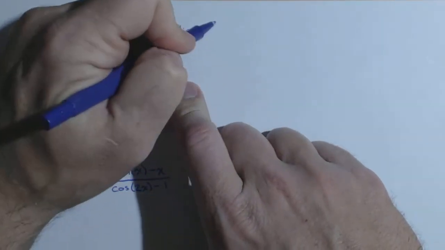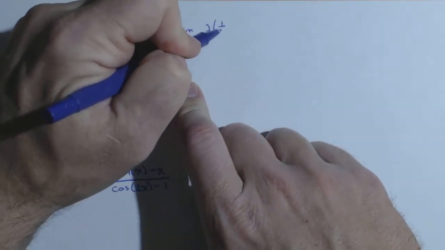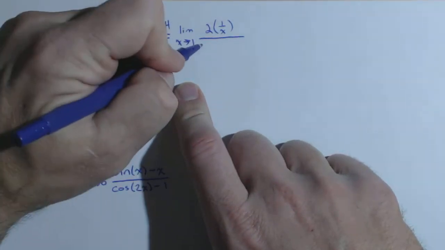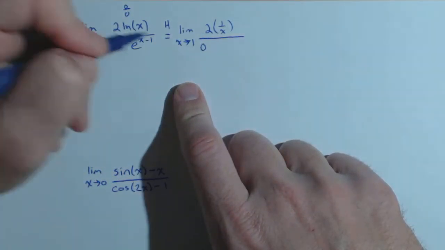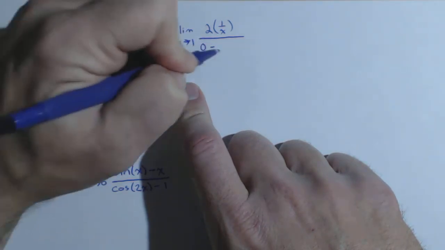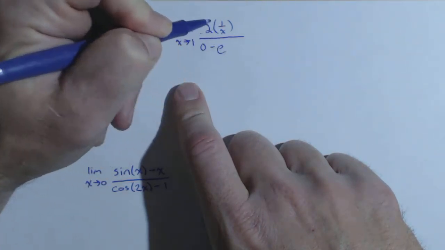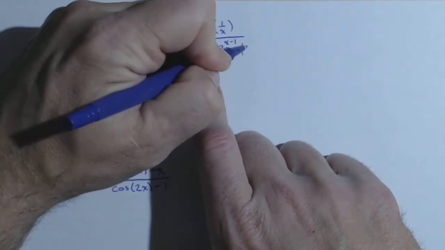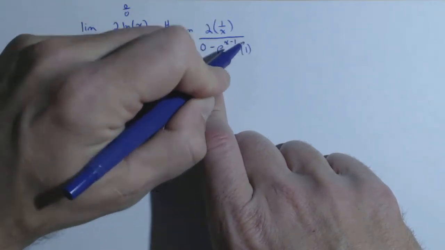On top, the derivative of ln of x is 1 over x. Derivative of the denominator, well, the derivative of 1 is 0. Derivative of an exponential will have itself in it, minus e to the x minus 1 times the derivative of the exponent, which is just 1.